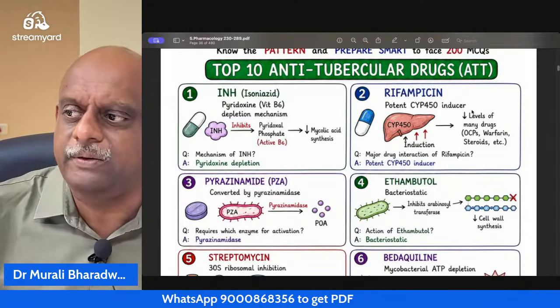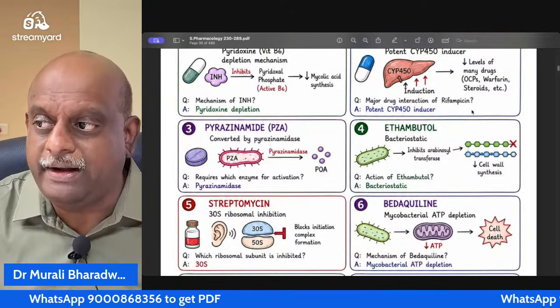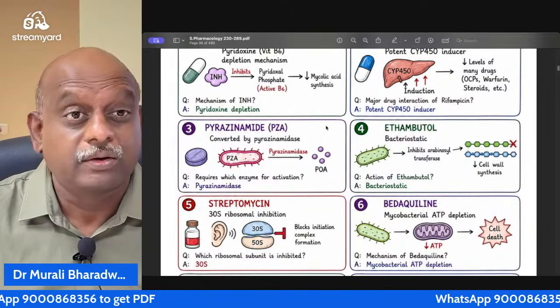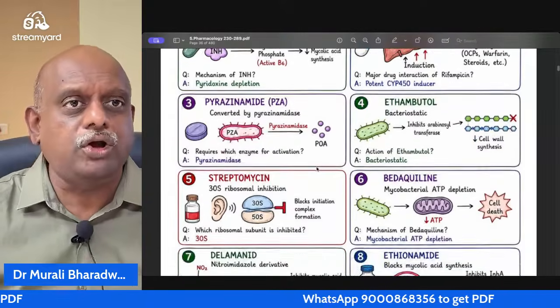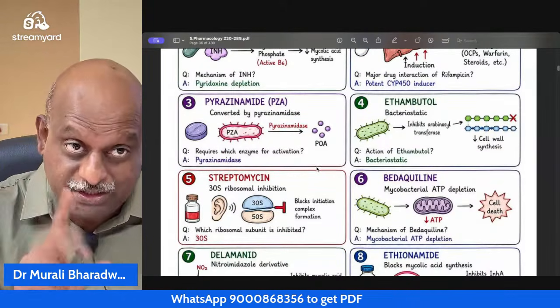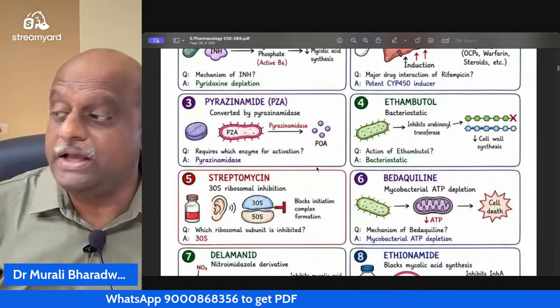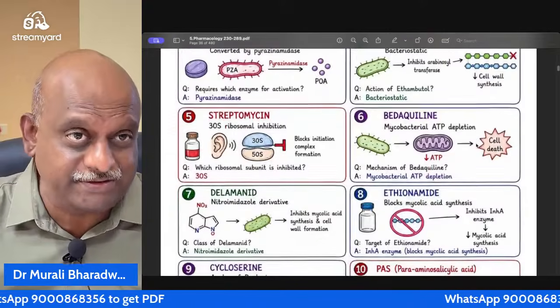They become ineffective. Pyrazinamide requires conversion by pyrazinamidase for its activation. Ethambutol is what type of drug? It is not cidal, it is static. It inhibits arabinosyl transferase and decreases cell wall synthesis.